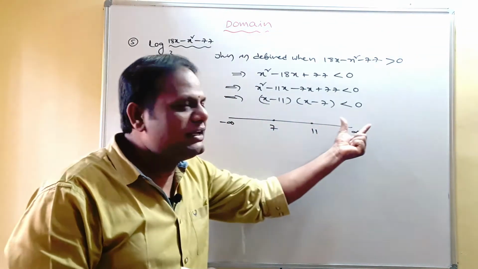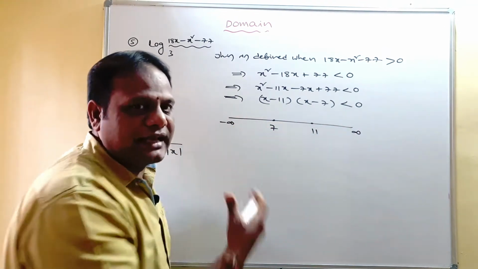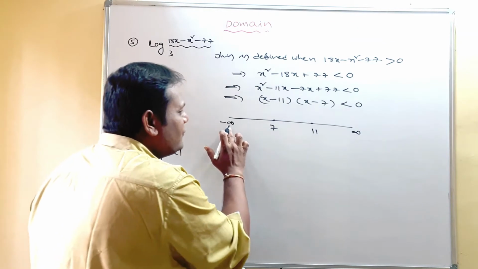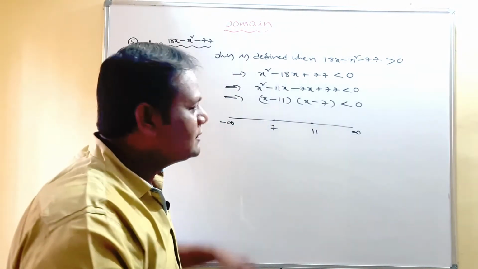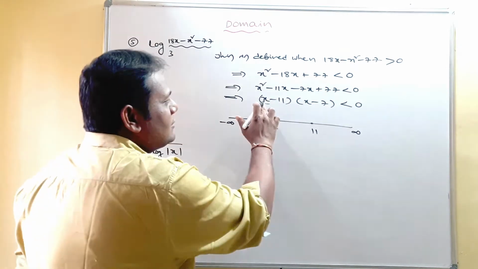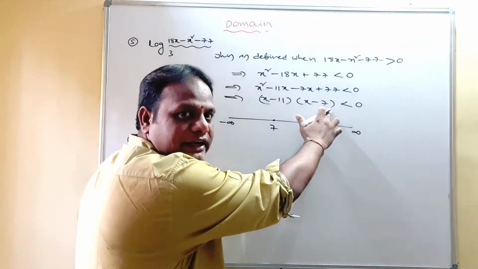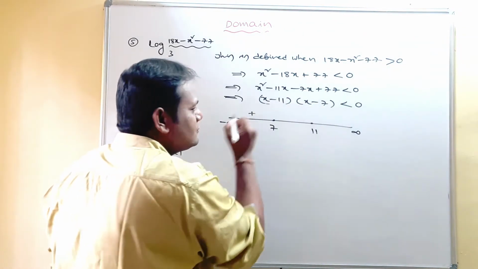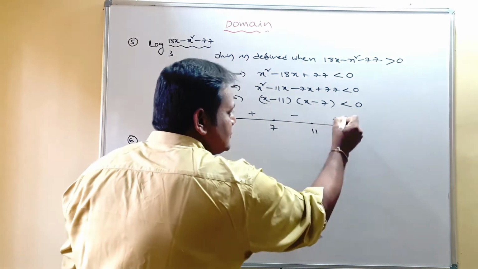Again we have 3 intervals. So you have to decide the signs. Now between minus infinity and 7, is 0 there? Yes, you put 0. Then 0 minus 11 negative, 0 minus 7 negative, negative into negative positive. Change the signs alternatively: negative, positive.